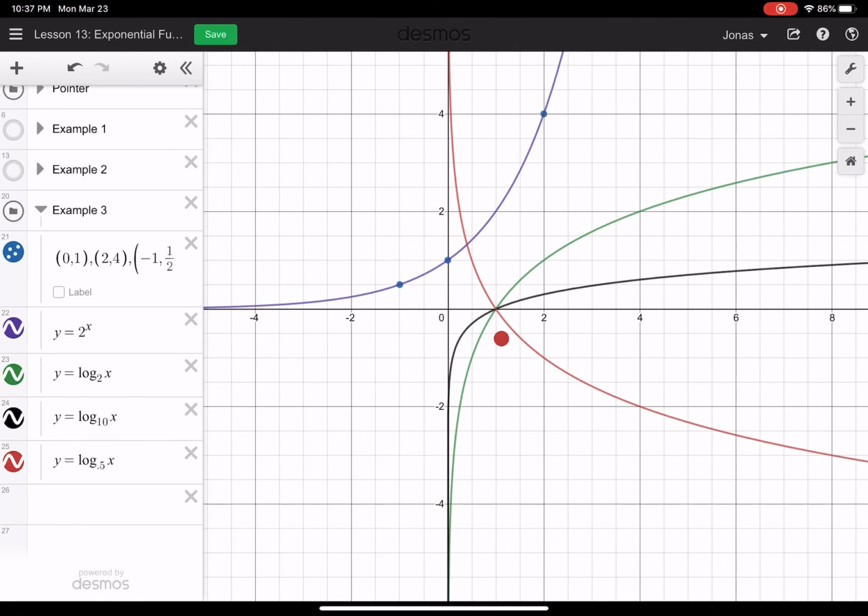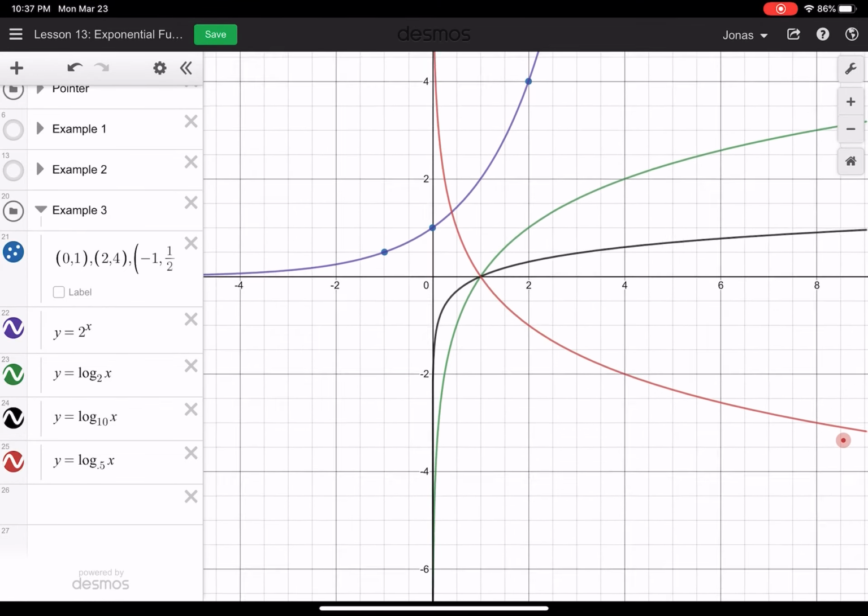It's like the mirror image, but the mirror image is up and down instead of side to side as it was for exponential functions. So this log with a fraction base of 1/2 approaches the positive y-axis, that's the asymptote, and it goes off to negative infinity to the right.